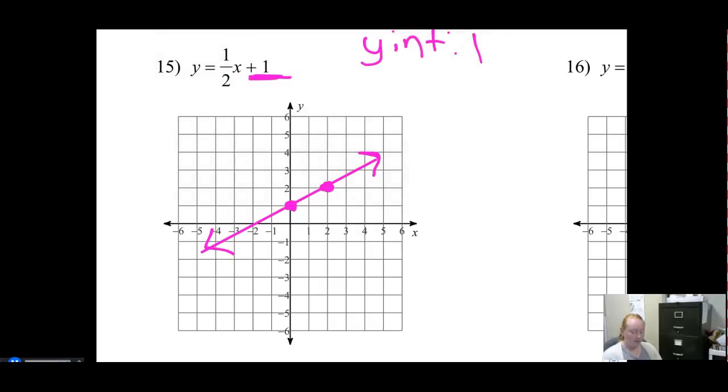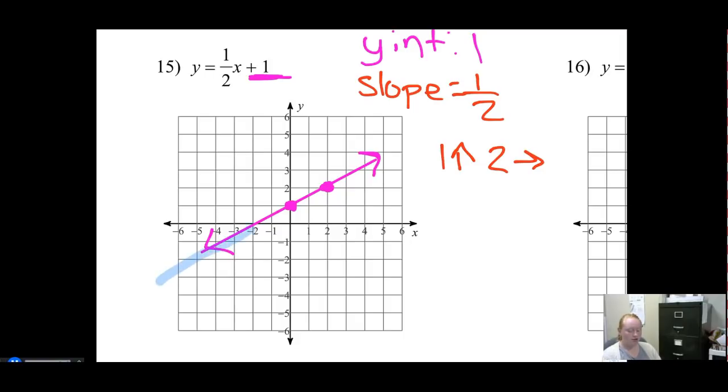I move up 1 over 2 because my slope is 1 over 2. This stands for 1 up, 2 over. It's positive, so I should see the line go upwards from left to right.